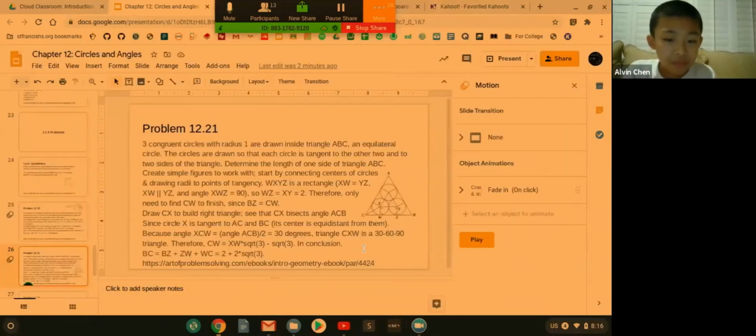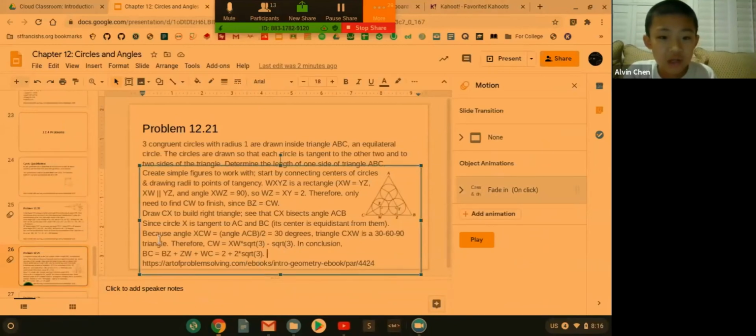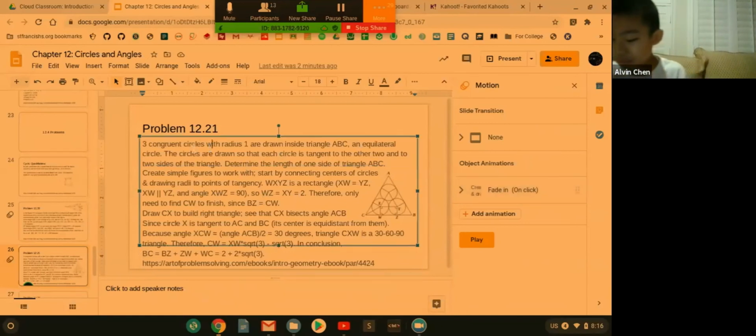Yes. In the first and second line, it says an equilateral circle, and drawn inside triangle. Whoops. Okay, there we go.